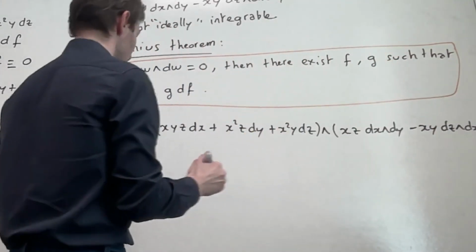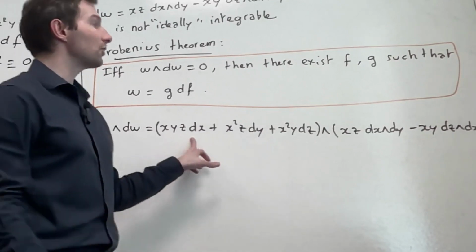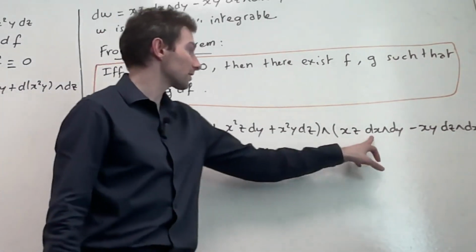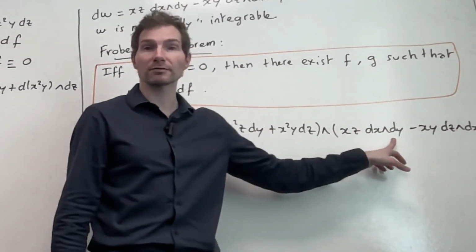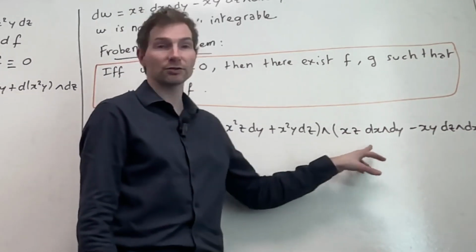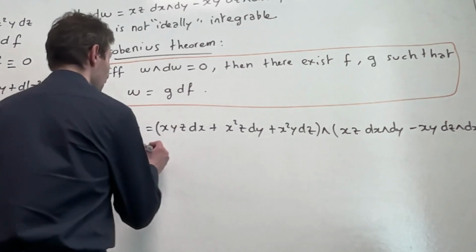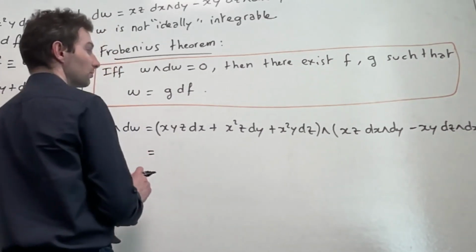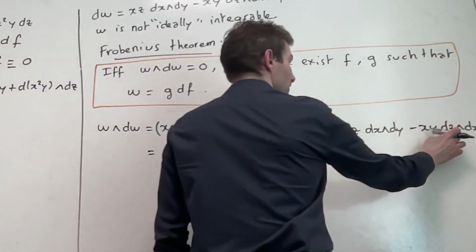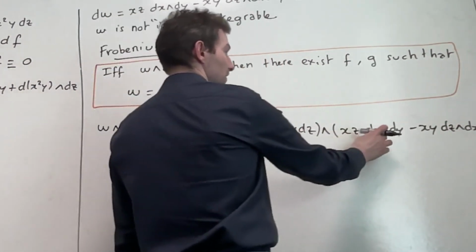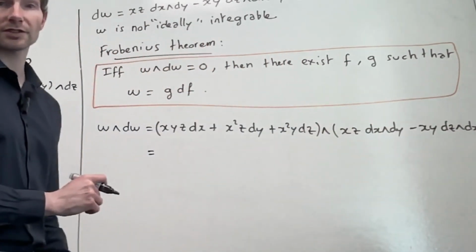Remember that dx wedge dx is 0, dy wedge dy is 0 as well. So it's very easy to get plenty of 0 terms, and the only non-zero terms are this dy with this term here, and this dz with this term here. There are only 2 terms that are non-zero.